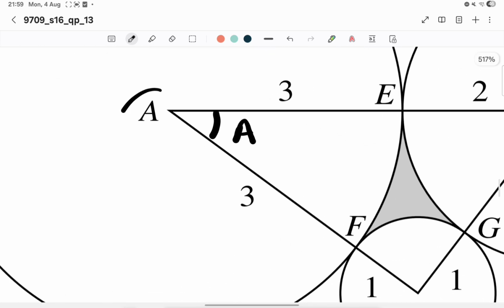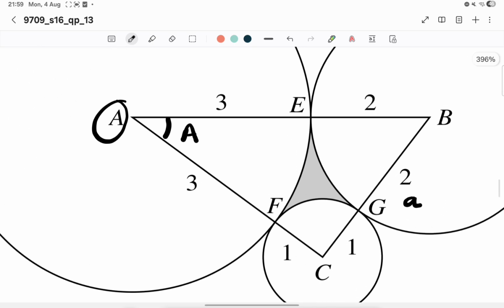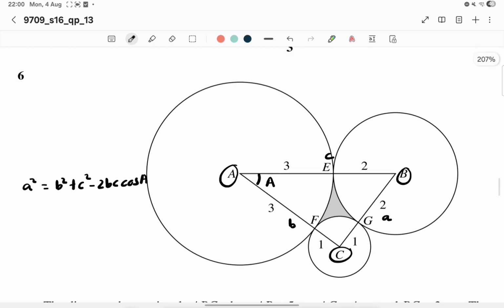If this is a capital letter A, we name the opposite side small letter a. If this is our B, we name this side small letter b. And if we have C here, we name this side c. And with those, we will substitute them in here.